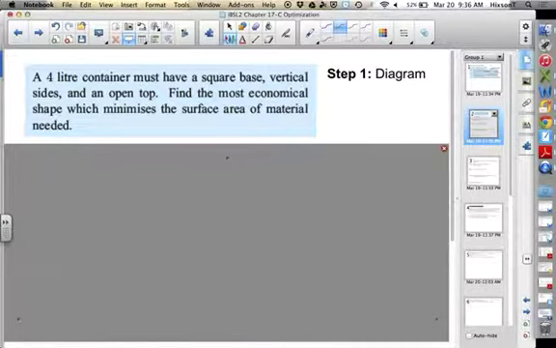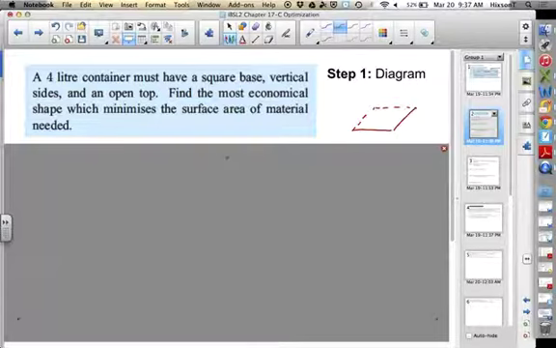Now, first of all, what shape are we talking about? It could be a cube, it's rectangular. It has a square base, but the sides are not necessarily the same length too. Do you remember what that's called?